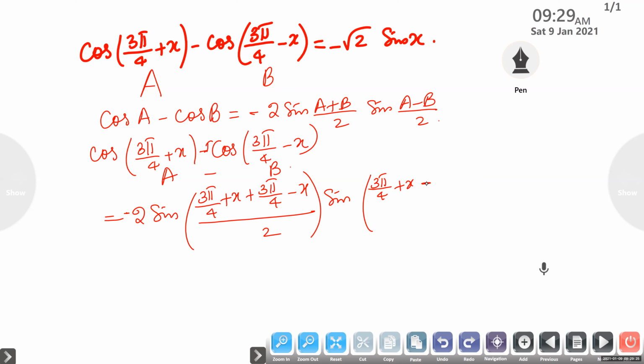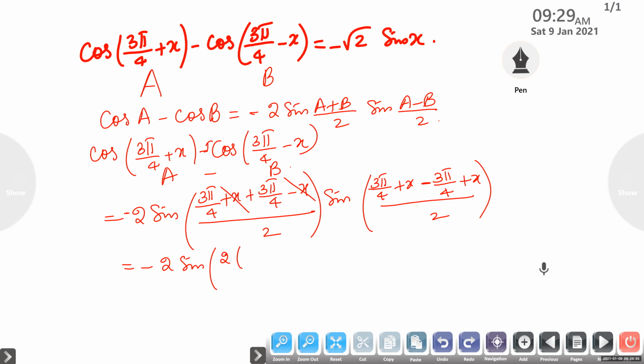Now listen children, minus is common for this full term, so when you open the bracket, it will become 3 pi by 4 minus of minus, it will become plus x, by 2. Okay, 3 pi by 4 plus x minus 3 pi by 4 minus x by 2. Here plus x minus x will get cancelled, so you'll get minus 2 sin 3 pi by 4 plus 3 pi by 4.